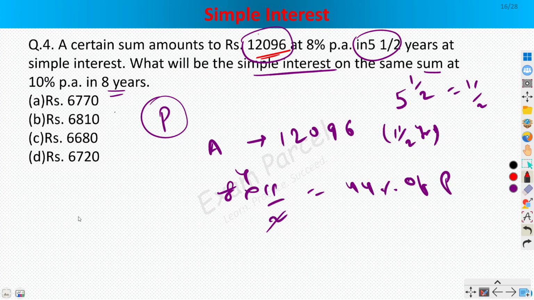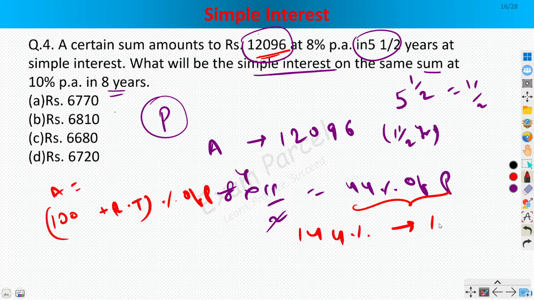This is amount, right? And as I've told you, 100 plus R into T percent is amount, right? So this 12096 is 100%, that is principal, plus this percentage. So 144% value is given as 12096.